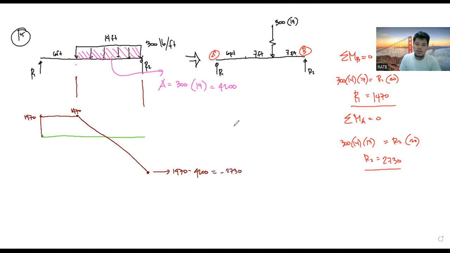Then you have R2 pointing upward, which is also equal to 2730, so it will close to 0.